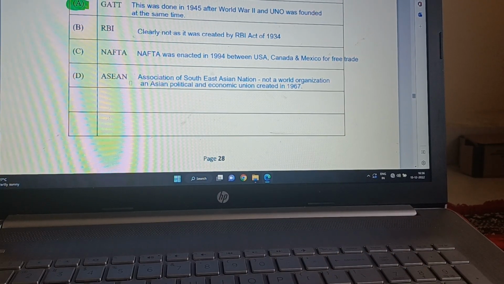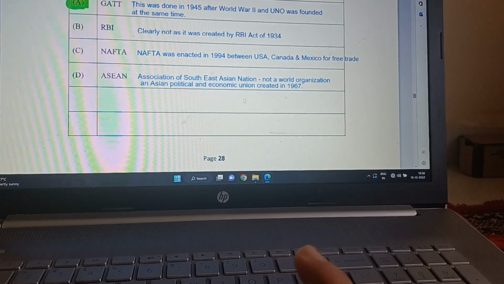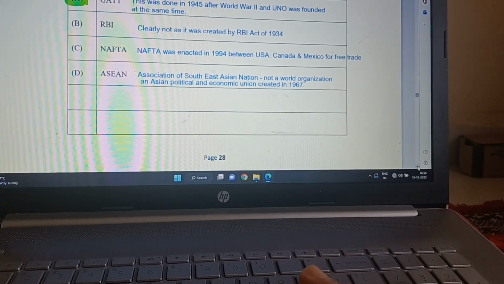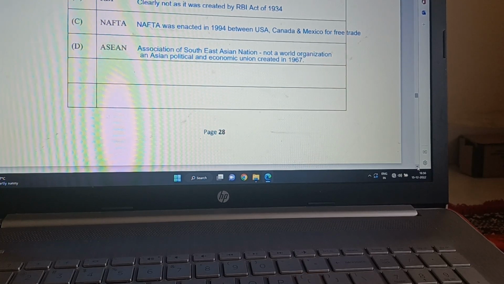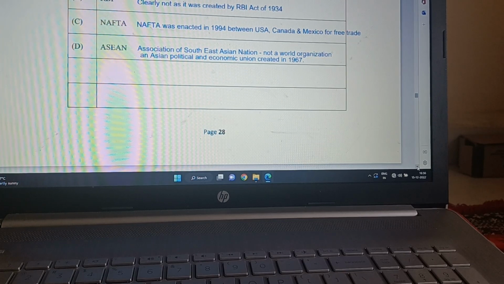Then you had a 50% chance of getting the correct answer, between GATT and NAFTA, but GATT is the correct answer because NAFTA is most recent. And when NAFTA came, GATT was replaced by WTO, the World Trade Organization. So there is no GATT now, its name is now WTO, and its office is in Geneva.